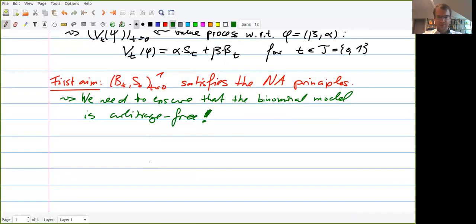Okay. So the first task for today is to understand under what condition this binomial model is arbitrage free. And this is the content of the next lemma, Lemma 3.7.